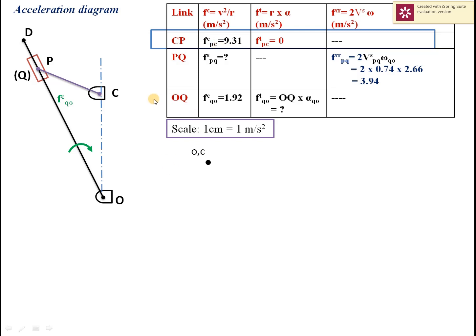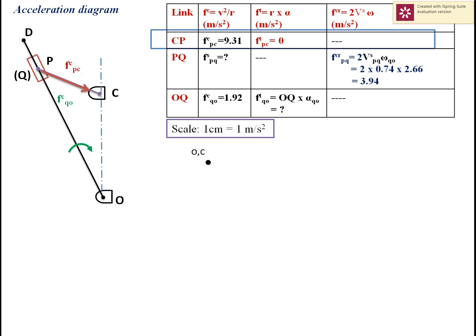Now its direction. FCPC is the centripetal acceleration of P when it rotates about C. So when P rotates about C, its centripetal or radial acceleration will be directed from P towards the center of rotation C, like this.